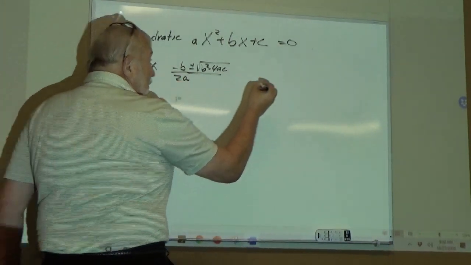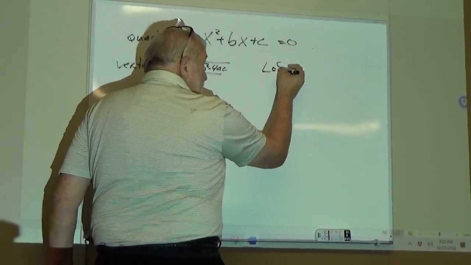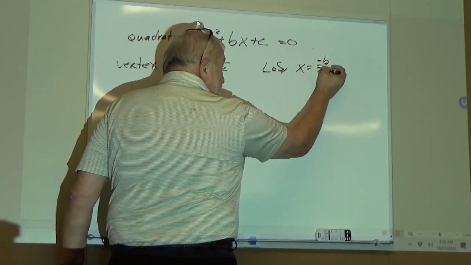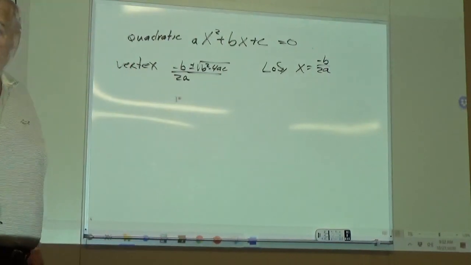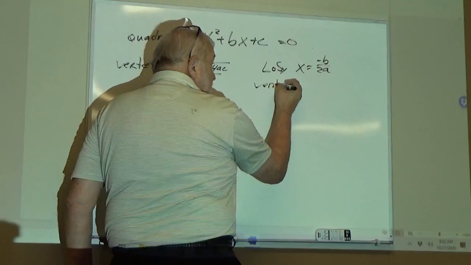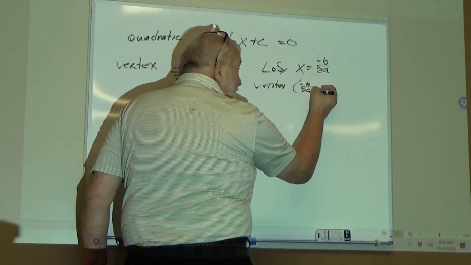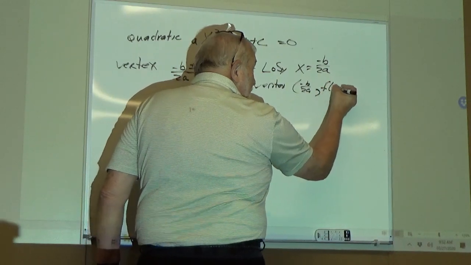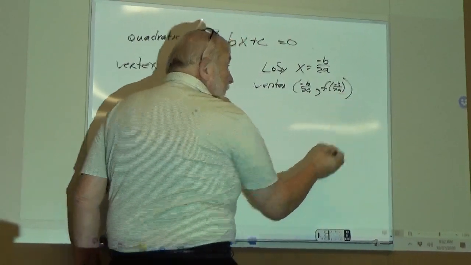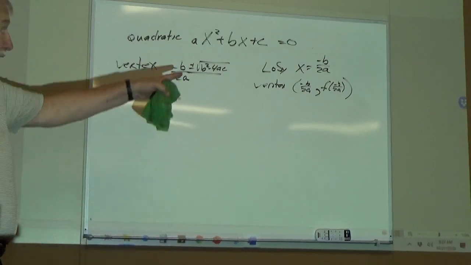So the line of symmetry will be x equals negative b over 2a. And the vertex is going to be negative b over 2a, comma, f of negative b over 2a. You just put the value in the function and find out what the y is when x is whatever that number is.